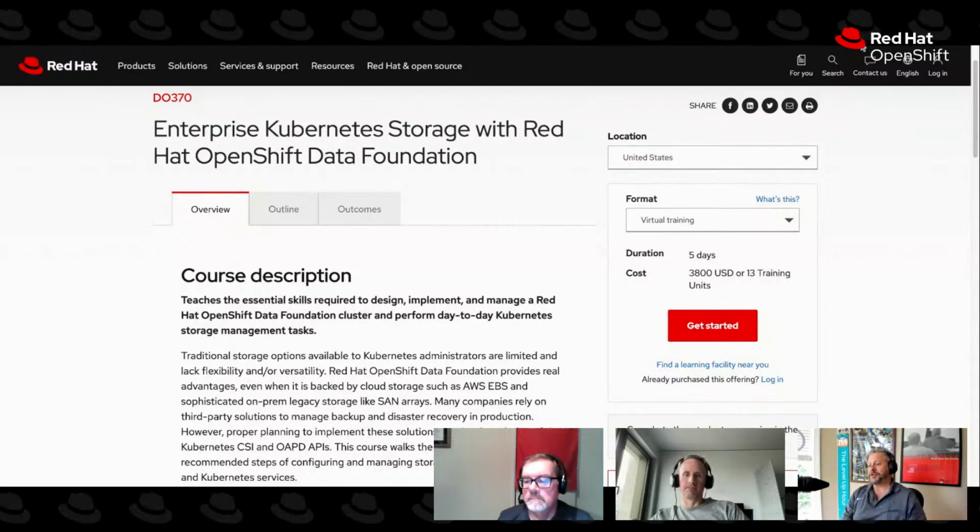But this sort of combines the two, so that if an organization is invested in OpenShift and has OpenShift skills and knowledge internally, it's a convenient on-ramp, I guess would be one way to put it, to say, well, here's a way to do software as storage or storage as software.